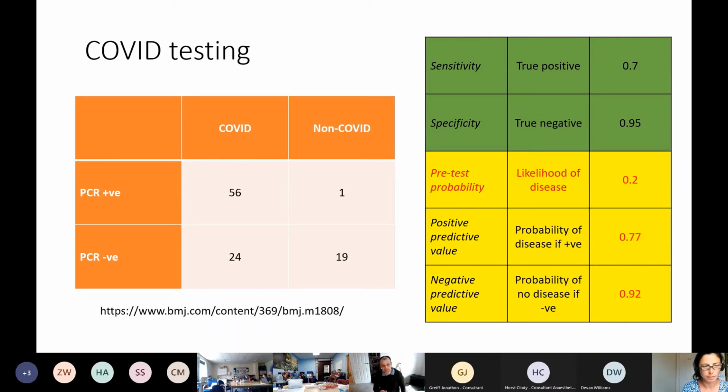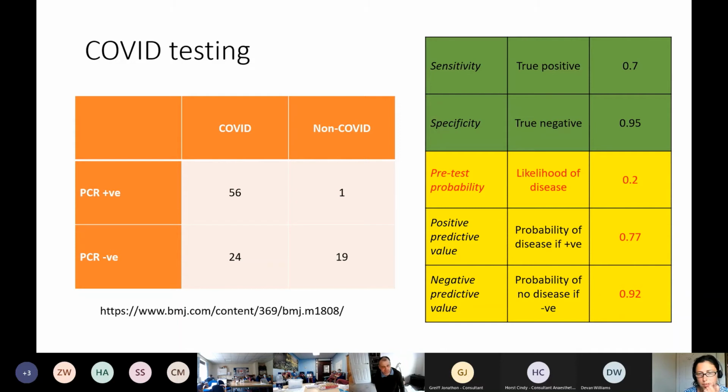If that pre-test probability drops to 20%, as it might with asymptomatic patients with a prevalent but not overly prevalent disease, which is kind of the phase we're entering, the positive predictive value drops to 0.77, so 77%. So if someone comes with a COVID test that's positive, you're actually now only 77% certain they have COVID.